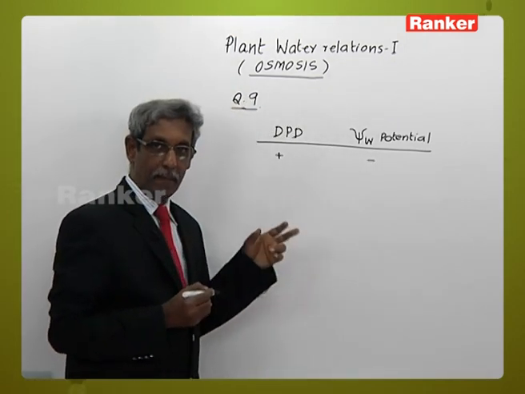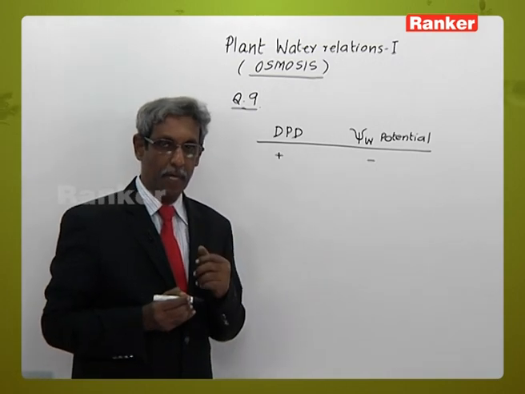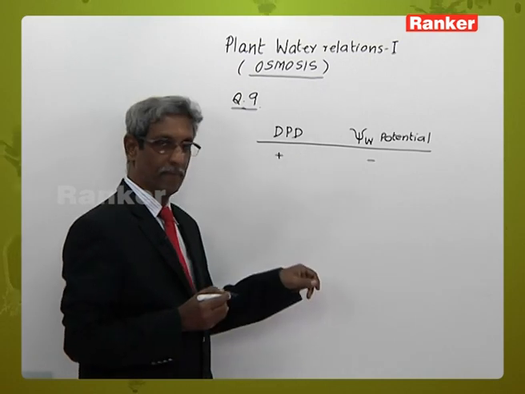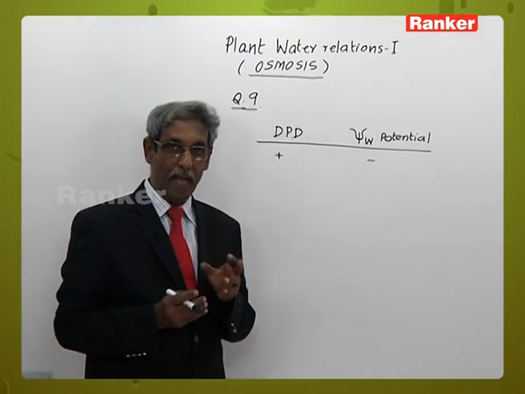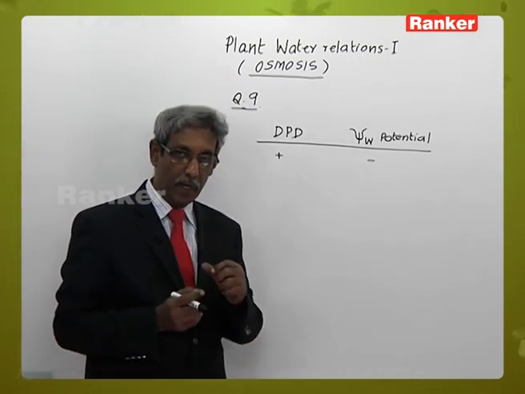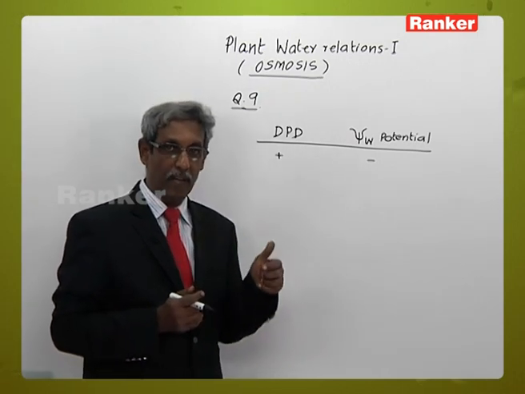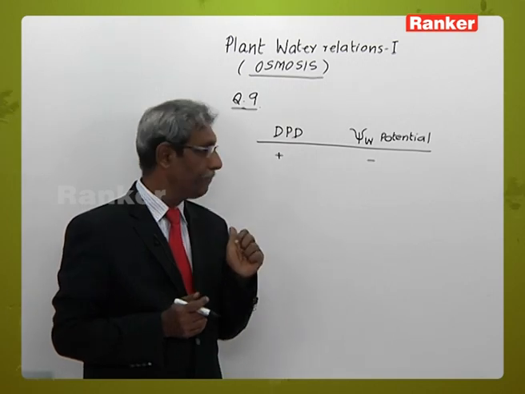Diffusion pressure deficit primarily indicates the difference in the pressure which can enable diffusion between the solute and the solvent. Water potential primarily ascribes to the amount of work done.